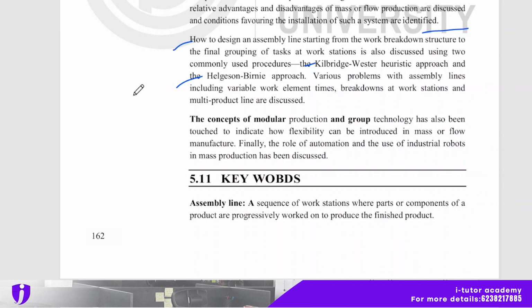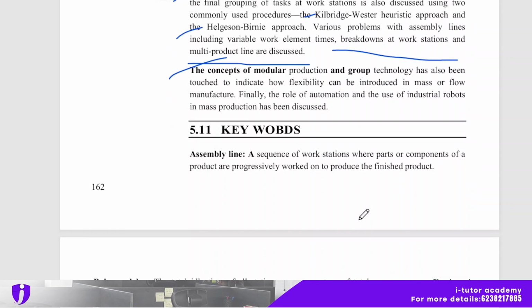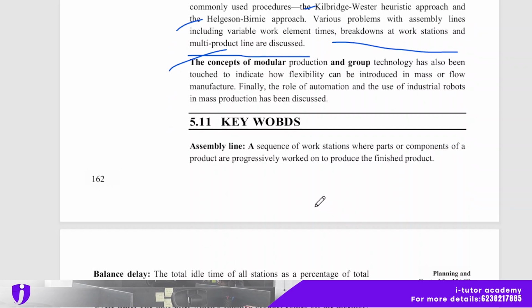Various problems with the assembly line, including variable work element time, breakdown at workstations, and multi product lines, are discussed. The concept of modular production and group technology has also been touched upon to indicate how inflexibility can be reduced in mass or flow manufacture. Finally, the role of automation and the use of industrial robots in mass production has been discussed.